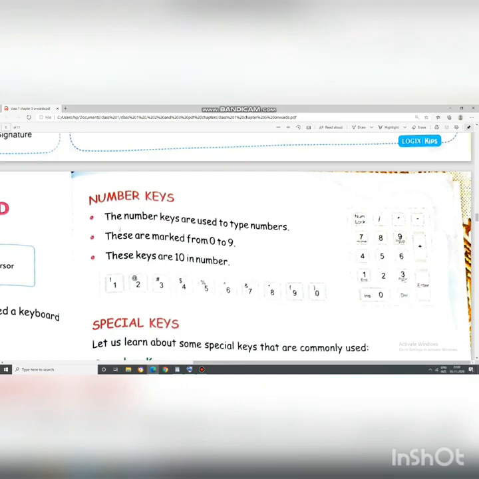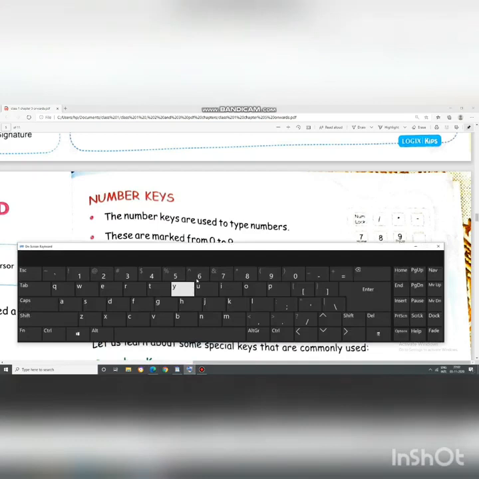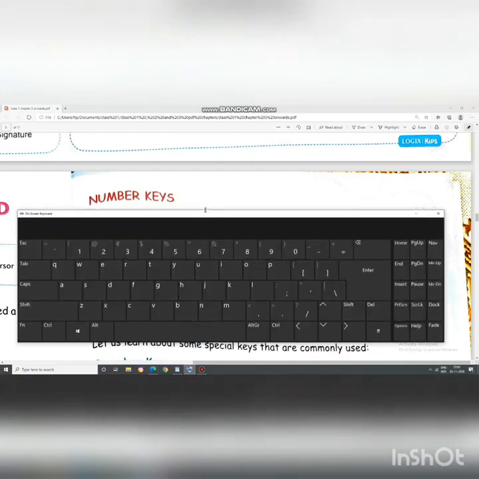So let's see. The number keys are used to type numbers. These are marked from 0 to 9. These keys are 10 in number, right? If I have a look at the on-screen keyboard, we can see the number keys, which are 10 in number, from 1, 2, 3, 4, 5, 6, 7, 8, 9 and 0.